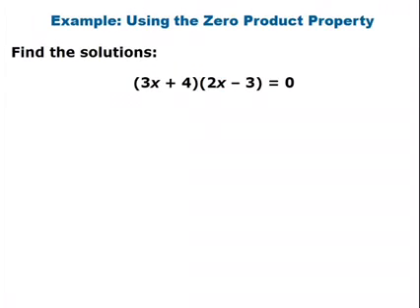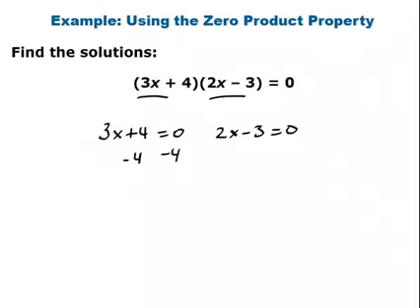Continuing with the same idea, we've got two factored binomials here, and we're going to set them equal to 0. So we've got 3x plus 4 equals 0, and 2x minus 3 equals 0. We're going to solve each of these. So on the left one, we're going to subtract 4 from both sides. First, we get 3x equals negative 4. Then we divide by 3. That gives us x equals negative 4 thirds.